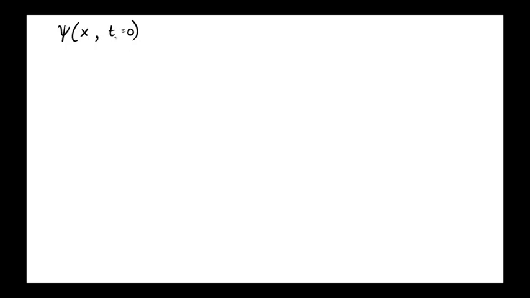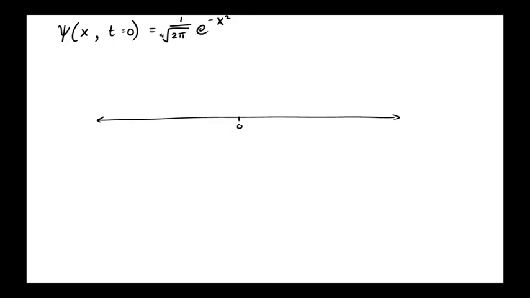At time t equal to 0, the particle is anywhere on this line, but we know what the superposition is. Let's say we know it's actually a Gaussian, e to the minus x squared. Psi of x at time t equal to 0 is e to the minus x squared, suitably normalized, where maybe that normalization might be something like that. But it doesn't matter, it's some constant.